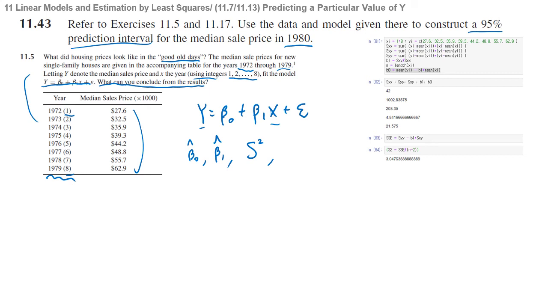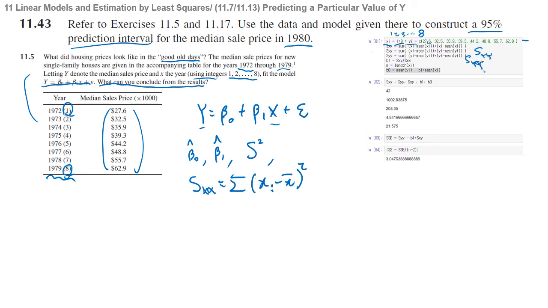Our xi goes from year 1 to year 8, so it is 1, 2, 3, up to 8, and our y vector is this. We can calculate Sxx, which is the sum of xi minus x bar squared, and also Sxy and Syy.